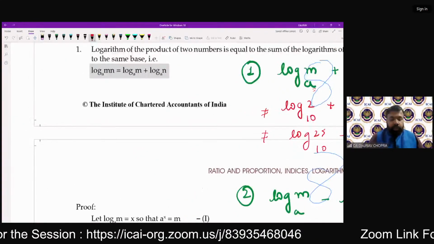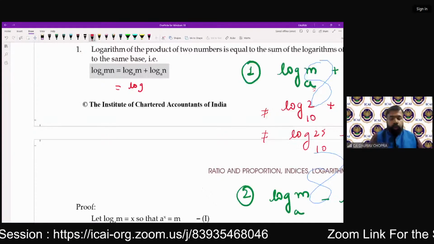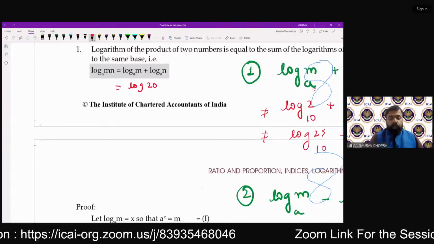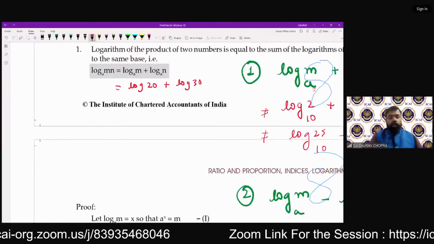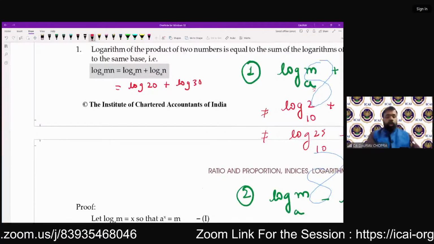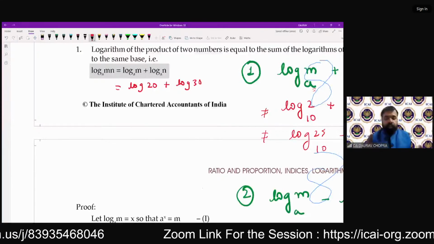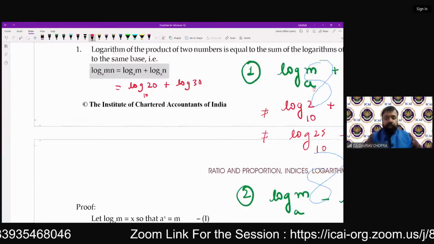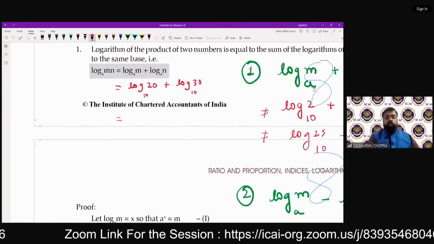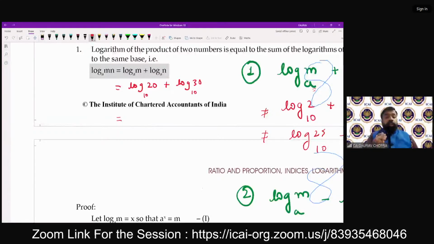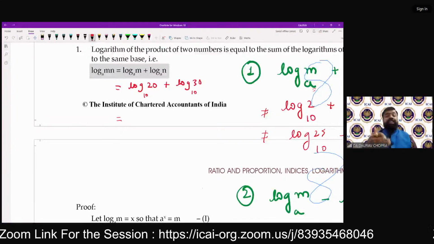Let's say if I'm writing log 20 plus log 30, base I have written 10 and 10। So what will be the result? तो क्या हमारा रिजल्ट log 50 होगा या log 600 होगा?